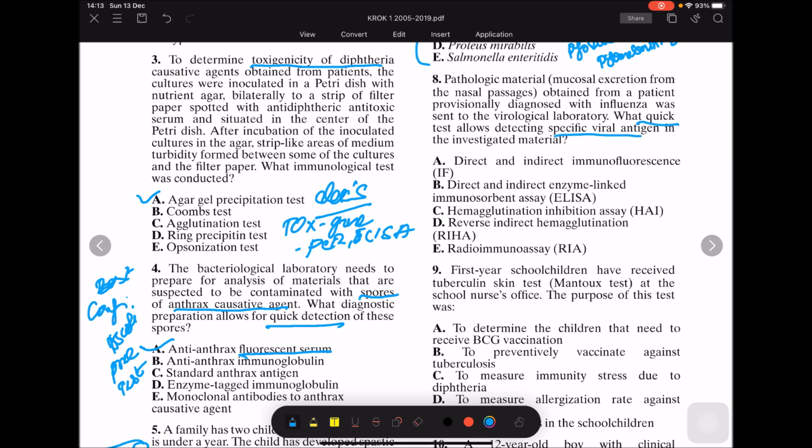We have to use immunofluorescence microscopy, direct and indirect immunofluorescence. In that nasopharyngeal swab there will be an antigen. So we give an antibody that attacks this antigen, and you can see a fluorescent light. So you have to use the immunofluorescence microscope. So we can check for influenza viral load in the nasopharyngeal swab.